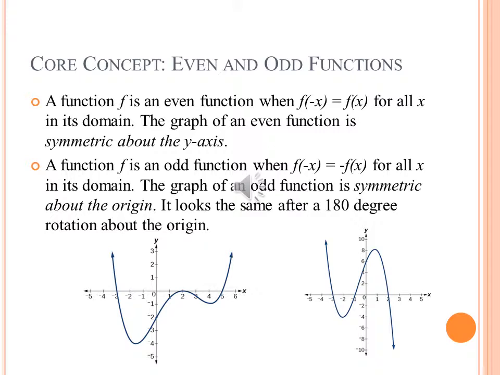The graph of an odd function is symmetric about the origin, and this means that if you rotated it 180 degrees, it's going to be the same. On the bottom left-hand corner is an example of an even function, and the bottom right-hand corner is an example of an odd function.